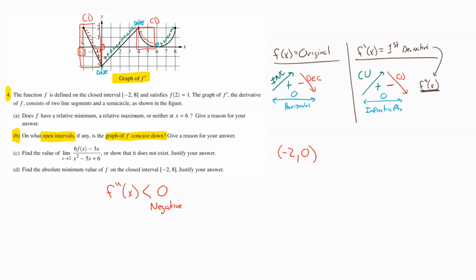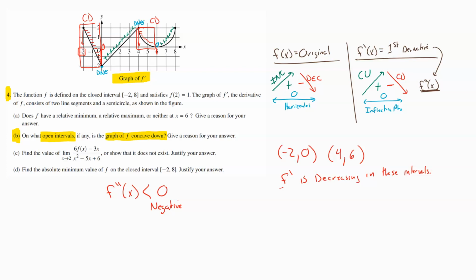Then from there, we would see that we've got concave down starting again at 4, and then ending here at 6. And then your reasoning for this is you would tell them that f prime is decreasing in these intervals. So again, we're reading off in the same way we read first derivative information, but it's giving us second derivative data.